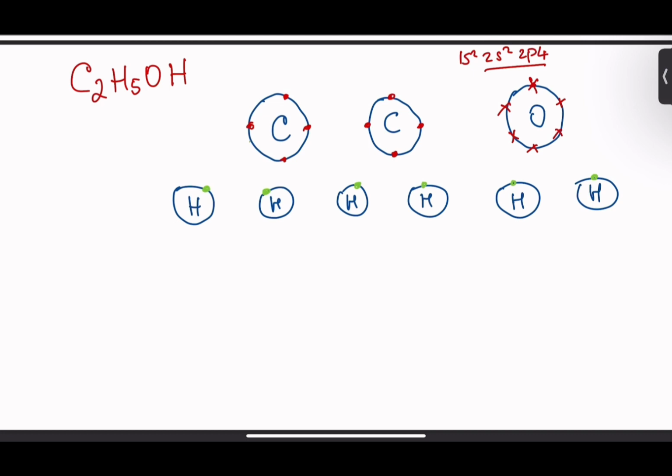Carbon and this carbon come together and share electrons with each other. Actually, I will do it like this.